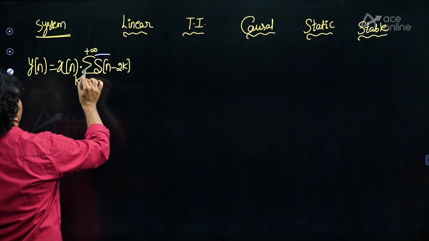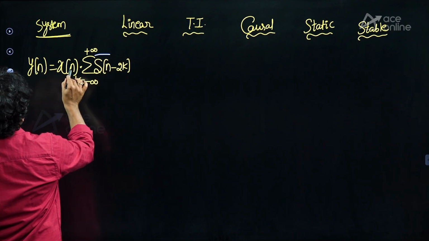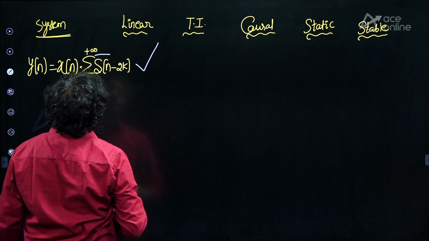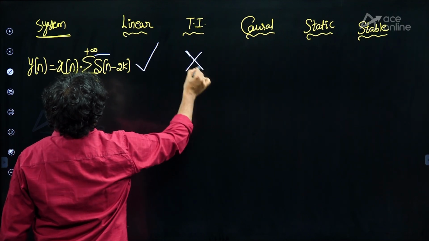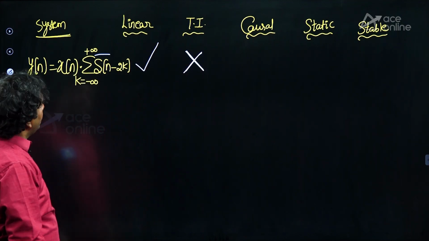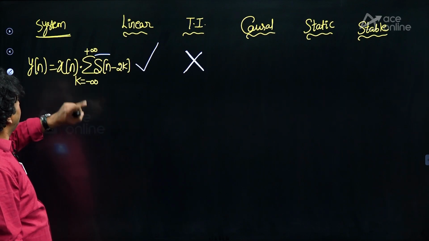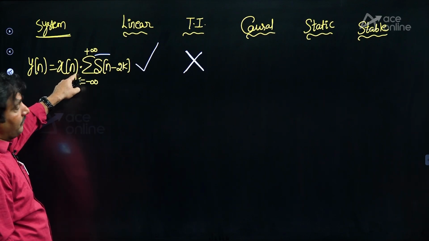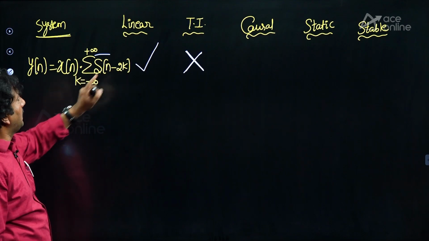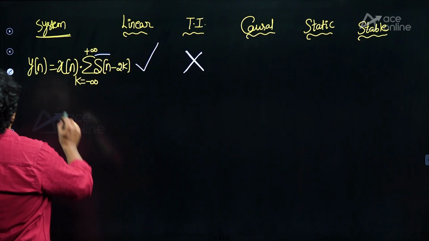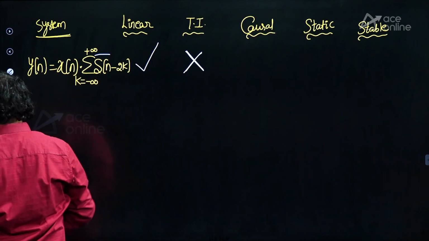This is a fixed function. y1(n) is x1(n) times it, y2(n) is x2(n) times it. It is linear, but time variant. Why is it time variant? When we try to shift the input, only x(n) is shifted by n naught. The impulse stream remains the same. When we shift the complete output, wherever n is there we write n minus n naught.